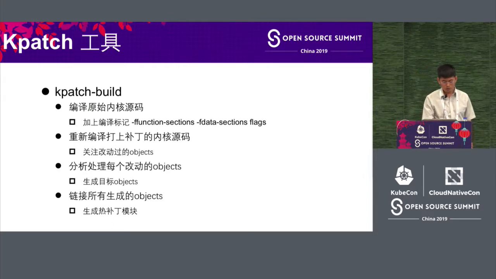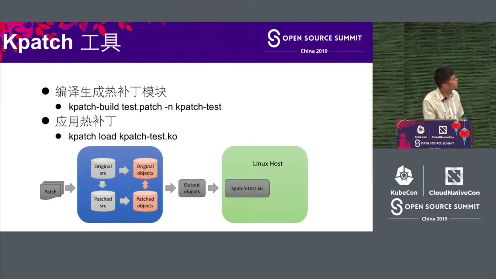Then it links all the output objects and generates the patch module. This is the key to how it generates the live patch. This is the whole process.